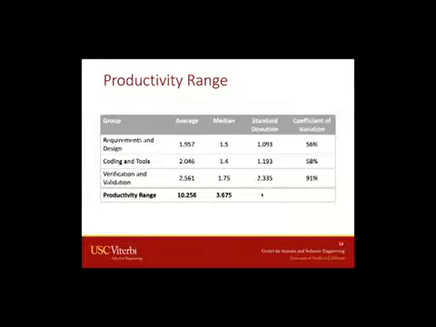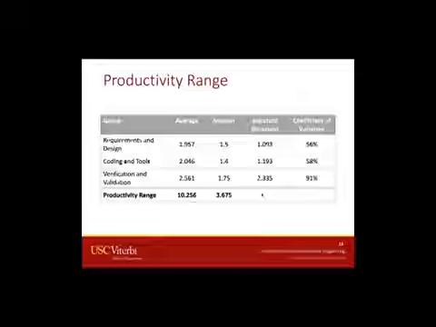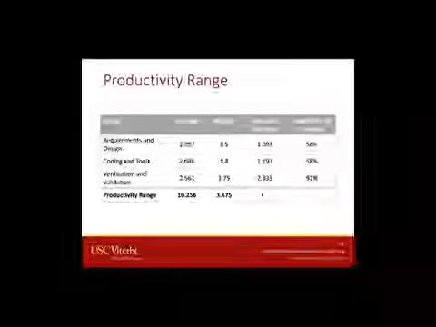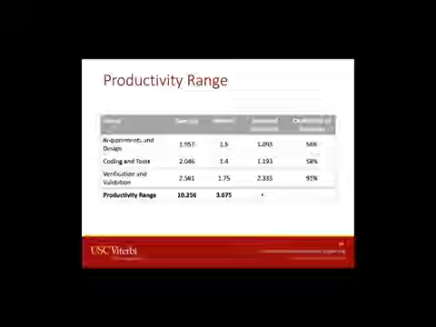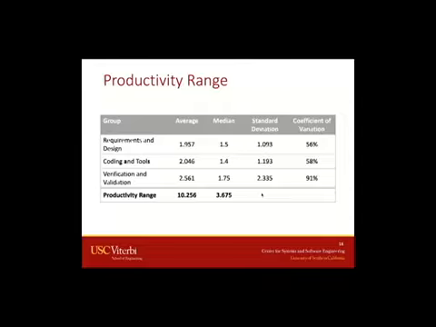Here we have the summary results for each group. We can see that the coefficient of variation is high even for the second round. So there was not a strong consensus among experts on the added security effort. Based on the median, the overall productivity range was 3.675.